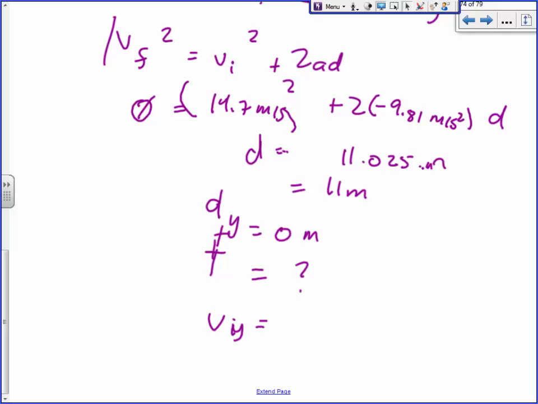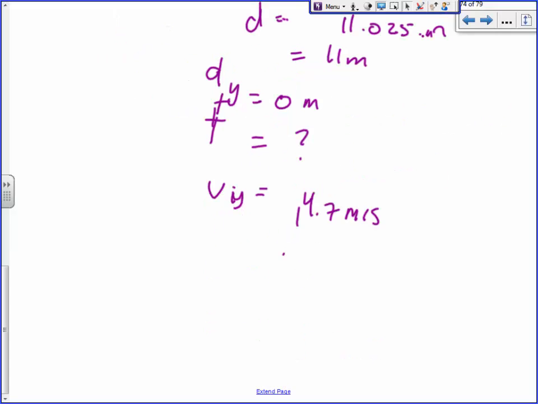That was 14.7. And the acceleration was negative 9.81 meters per second squared. Let's try sitting again. I think I'm better with this when I sit. I'm so sorry, guys. This is not an ideal scenario.